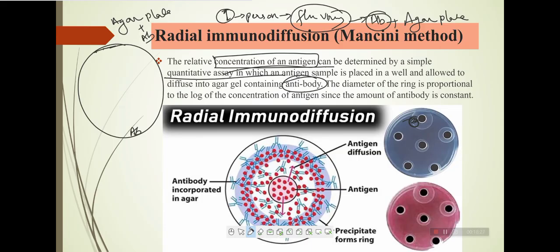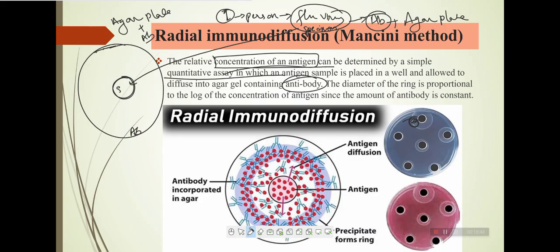Now we punch the gel. After punching, a well is created. In this well, we add the specimen, the sample of this person.